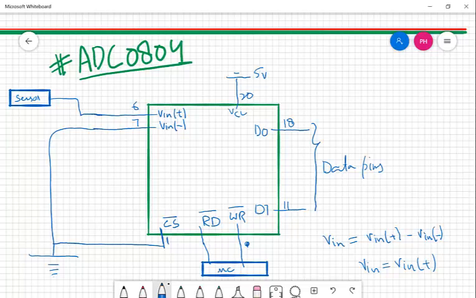After converting it into digital form, it will store it into an internal 8-bit register. And after that, it will send a low to high signal to the microcontroller using the pin INTR, pin number 5.